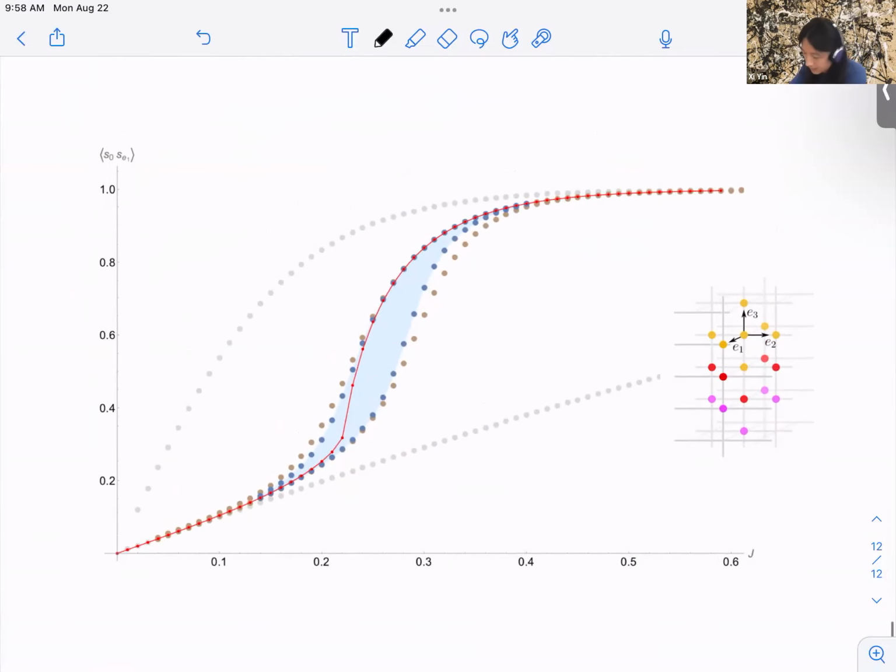Finally, let me show you this plot of the 3D Ising model. Numerically this is more demanding, so these results are a bit more preliminary. This is again the nearest spin correlator in the 3D Ising model.